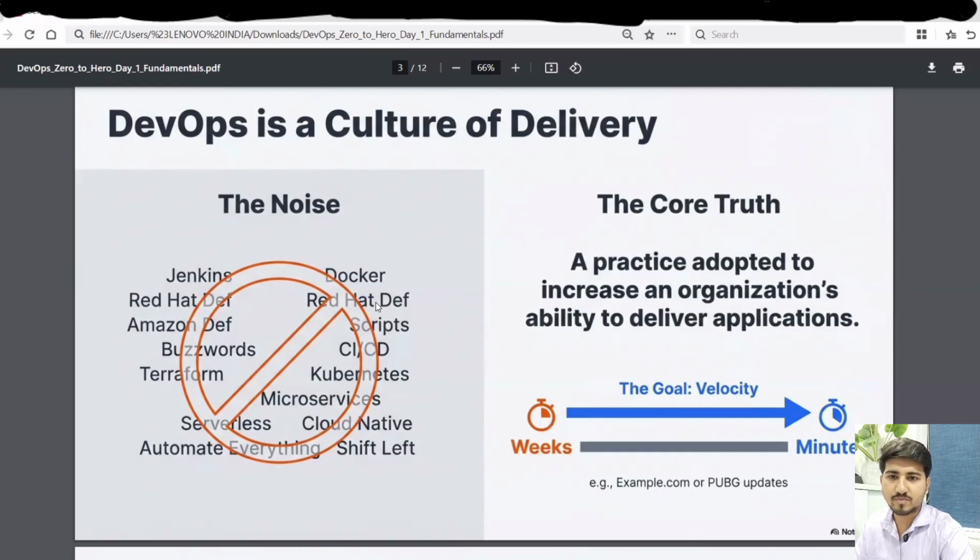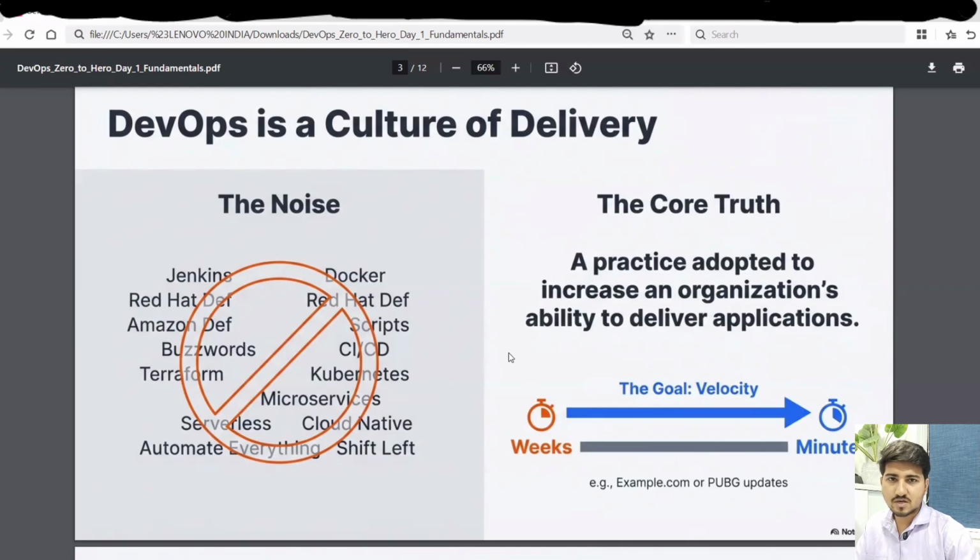If it was not approved, it went back to the developers, and it used to take a lot of time. The process was very slow, and that's why DevOps came into the picture.